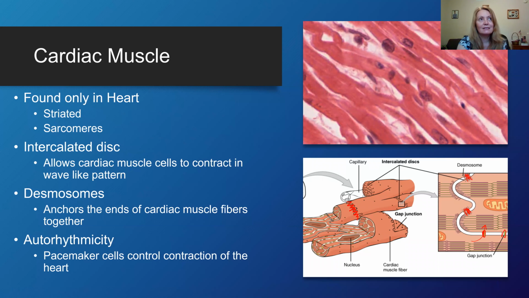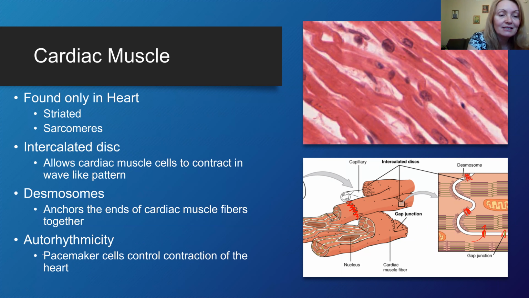Cardiac muscle cells do not require activation from the central nervous system because they have autorhythmic cells. Autorhythmicity is the ability of some cells, not all cells, specific cells that we call pacemaker cells, to activate the rest of the muscle cells to contract. So pacemaker cells control contraction of the heart.